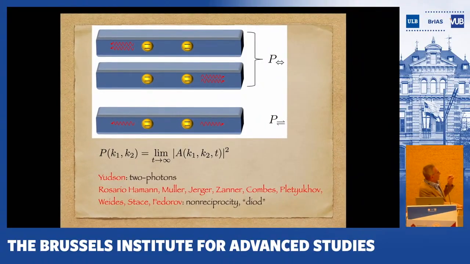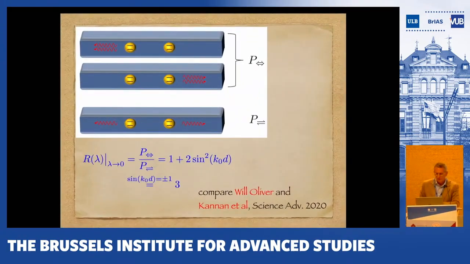You can look at the probability that the two photons k1 and k2 are emitted either in opposite directions or in the same direction. Now, this was, as I was telling you, interesting for non-reciprocity and the diode, and we found this beautiful result without understanding it very well.